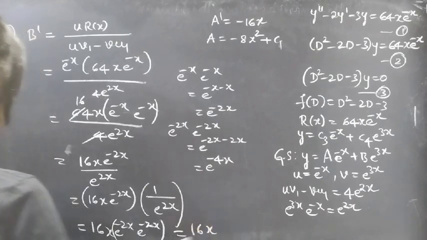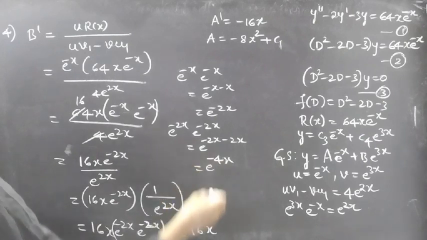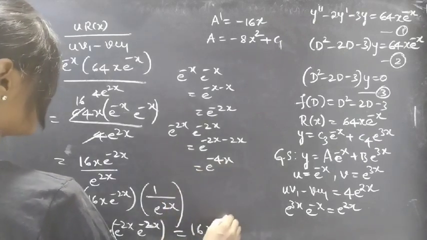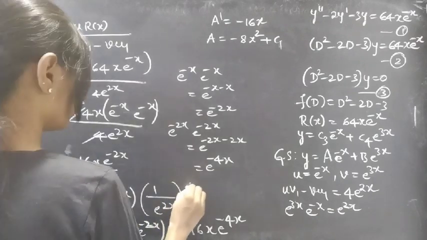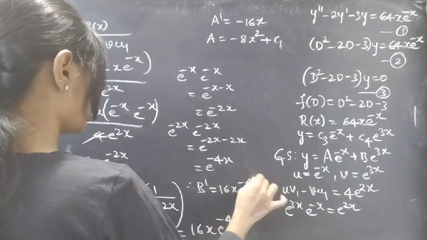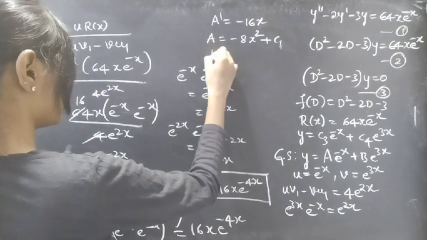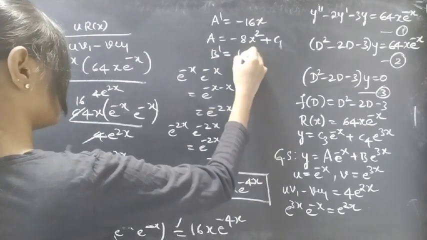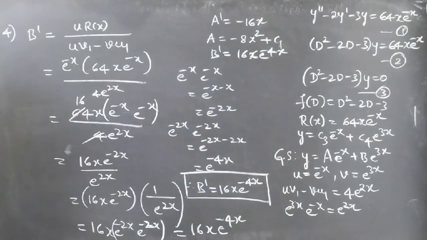So this gives us 16x. Replace e power minus 2x into e power minus 2x by e power minus 4x. You'll get b dash equal to 16x e power minus 4x. Therefore, b dash equals 16x e power minus 4x. Now coming to b.